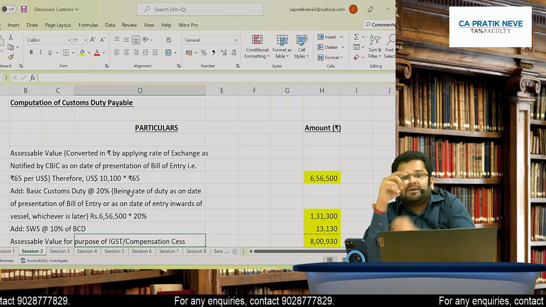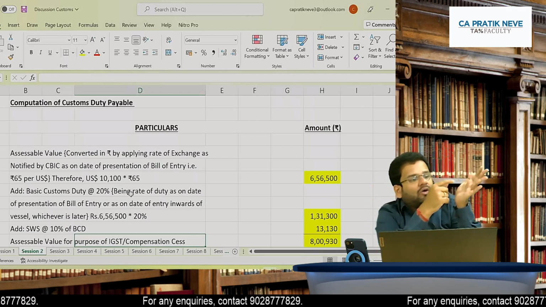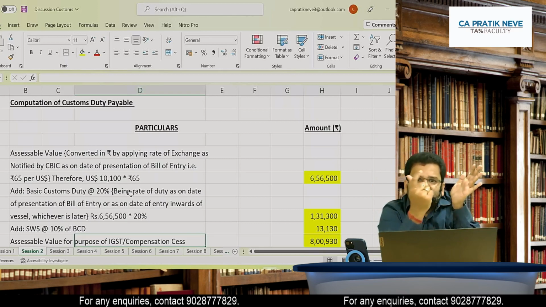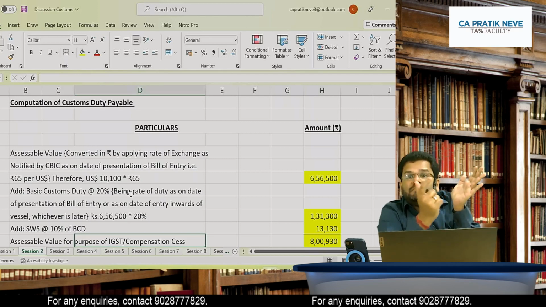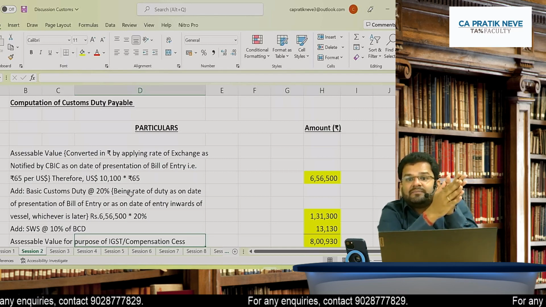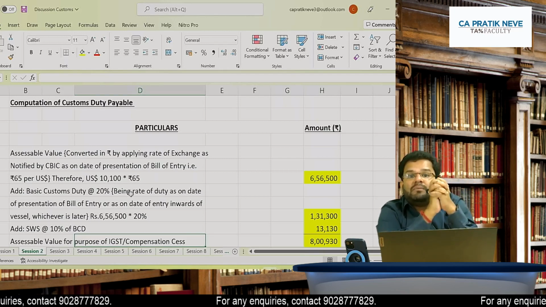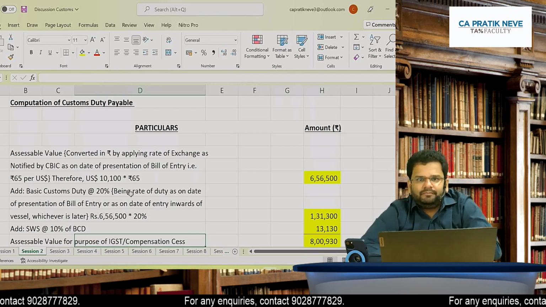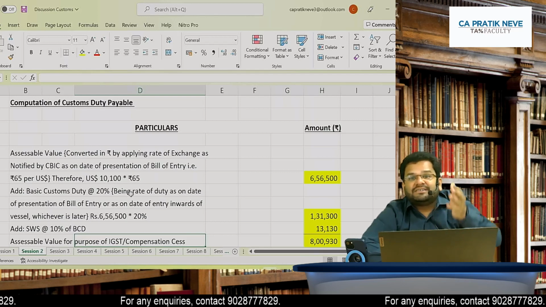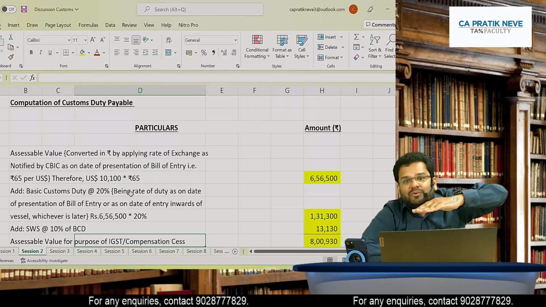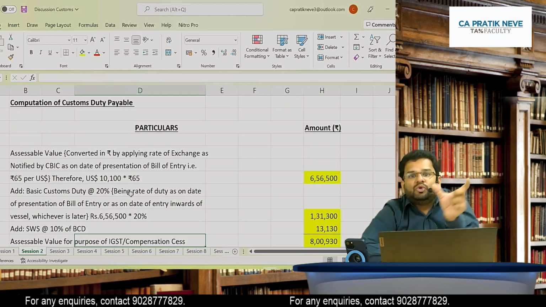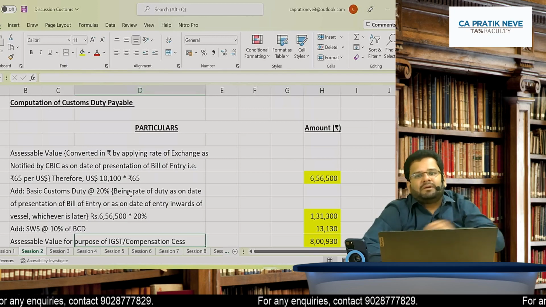Now friends, when you take the total of assessable value plus basic customs duties plus SWS plus IGST, what you finally get is called the total cost of imported goods. Agreed? And when from that total cost of imported goods you minus the assessable value, you get customs duties payable.